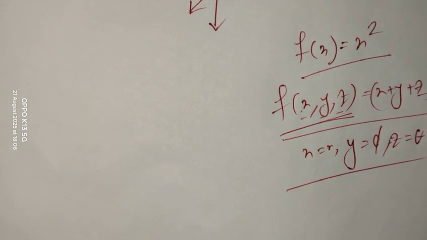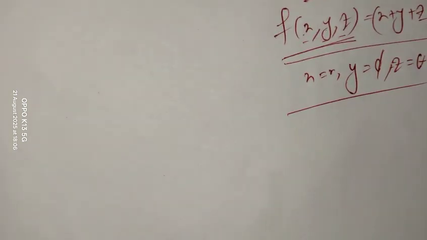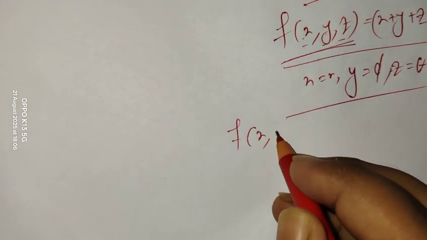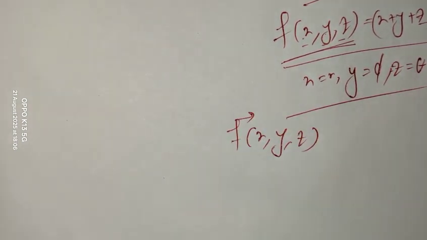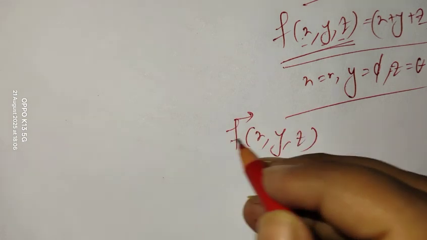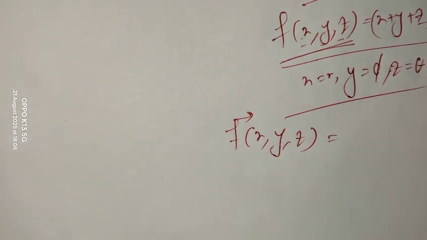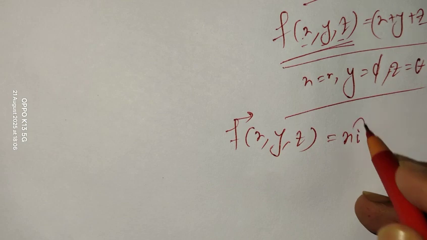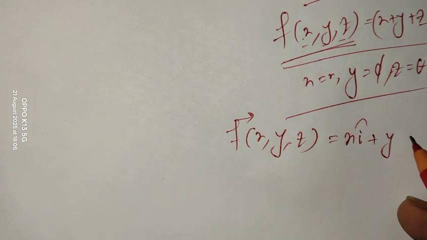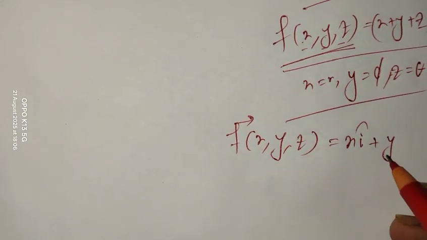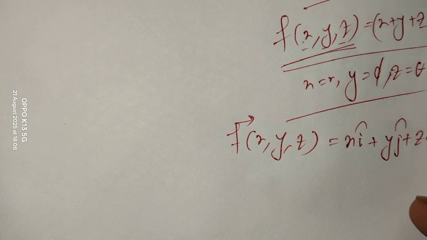So very nice. Now what is a vector point function? Let's say this is f of x, y, and z. I am taking a vector point function, so I need to use the symbol of a vector quantity. So this equals, let's say, x i cap plus y j cap plus z k cap.